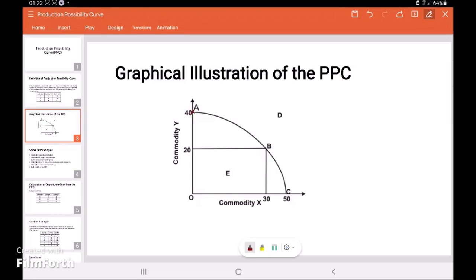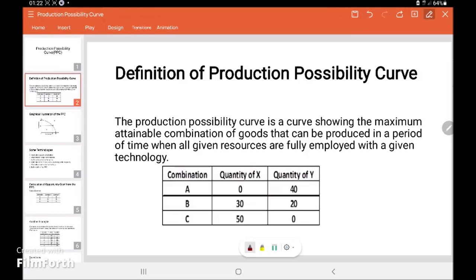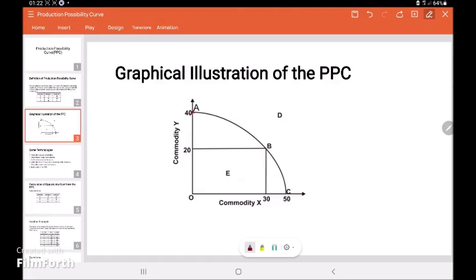For combination B, from the table, we see that the economy is using all the available resources to produce 30 units of X and 20 units of Y. So when we get to the diagram, we find 20 units of commodity Y and 30 units of commodity X, and we get the point here.